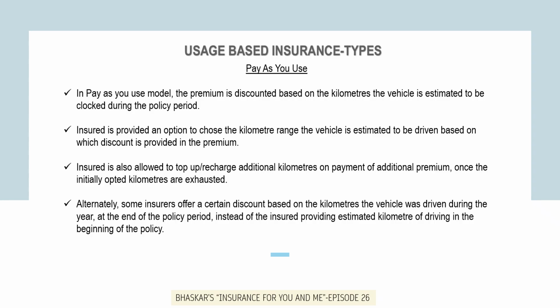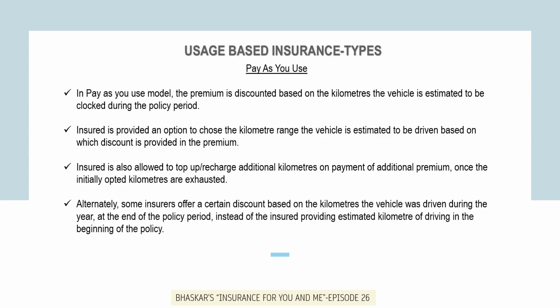The insured is also allowed to top up or recharge additional kilometers on payment of additional premium once the initially opted kilometers are exhausted. Alternately, some insurers offer a certain discount based on the kilometers the vehicle was driven during the year at the end of the policy period, instead of the insured providing an estimated kilometer of driving at the beginning of the policy.